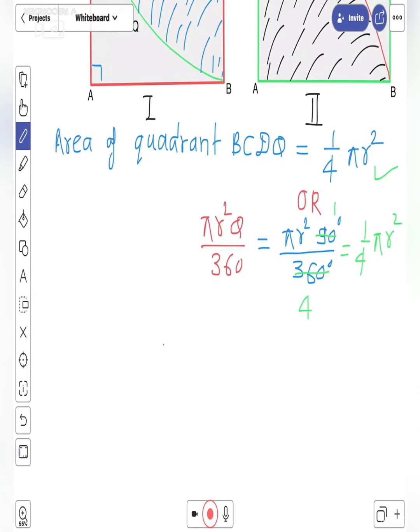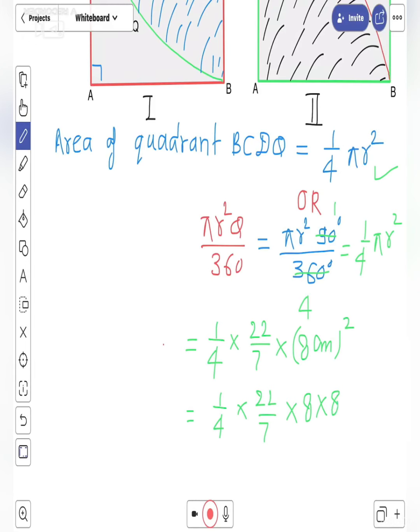Now put all the values here. So dear, what you will get? Yes, 1/4 and pi means 22/7 and radius r means 8 centimeter whole square, because this is r square. Now dear, what to do in this case? 1/4 into 22/7 and 8 square is written as 8 into 8, and square of centimeter means centimeter square.